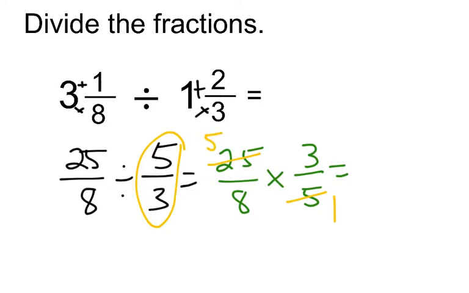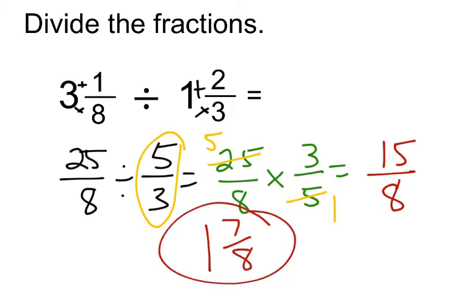And that gives me 5 times 3, which is 15, 8 times 1, which is 8. There is one whole group of 8 in 15, and a remainder of 7/8. So I hope that helps you, and I hope this is refreshing your memory. If this isn't enough review, go back to some of the previous tutorials that we have.